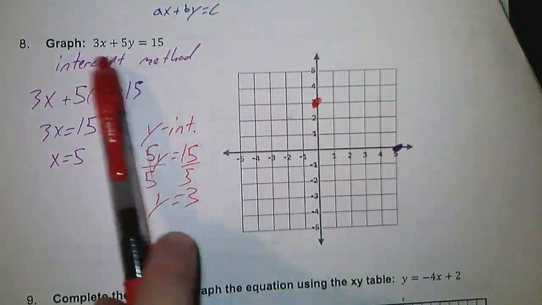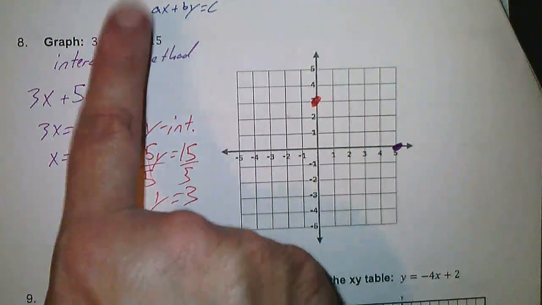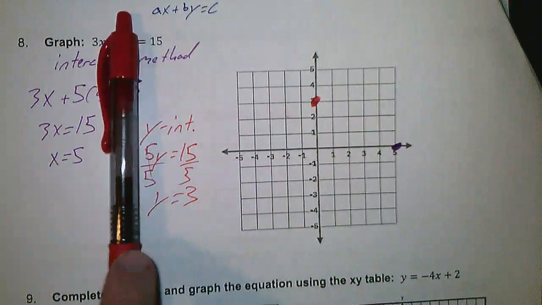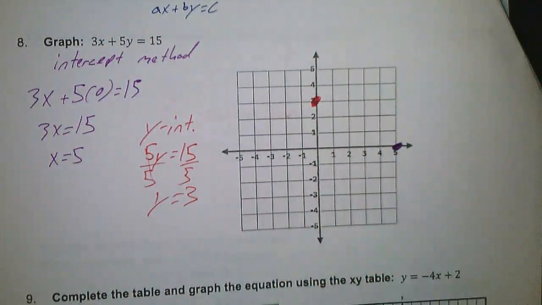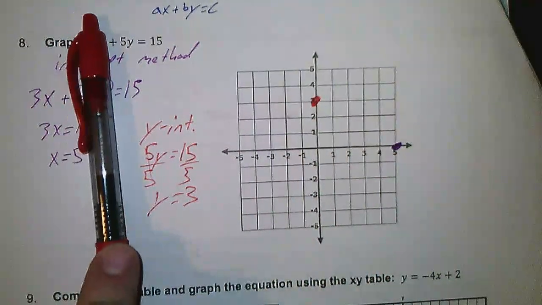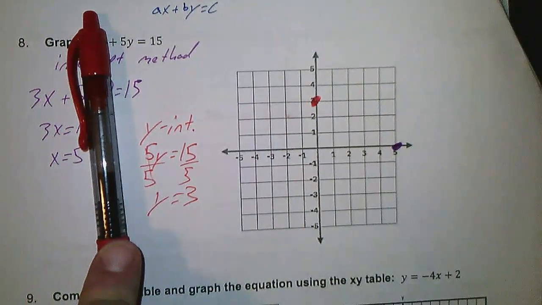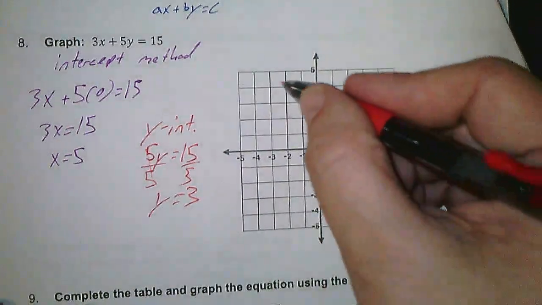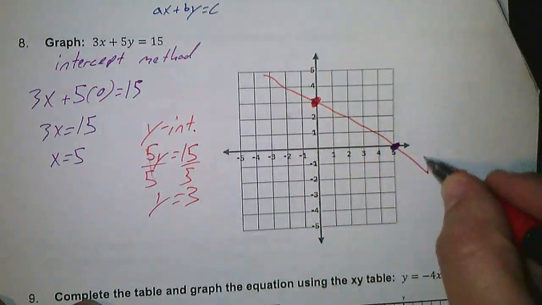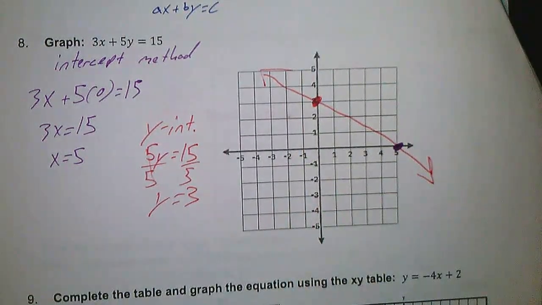So again, if it's in this form, it's easy to just zero out the y term to find 3x equals 15, divide by 3, and get an x value of 5. It's easy to do the same for the y term. 5y equals 15 gives us y equals 3. And make sure you connect and make a line.